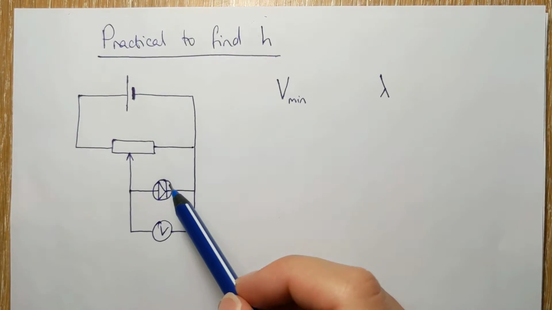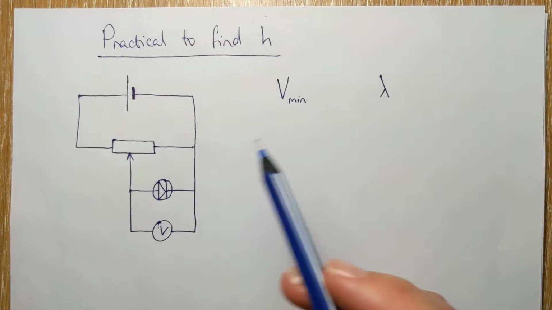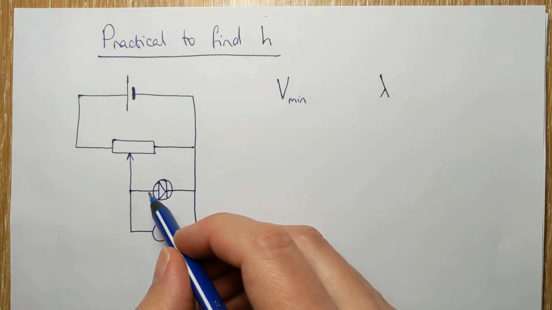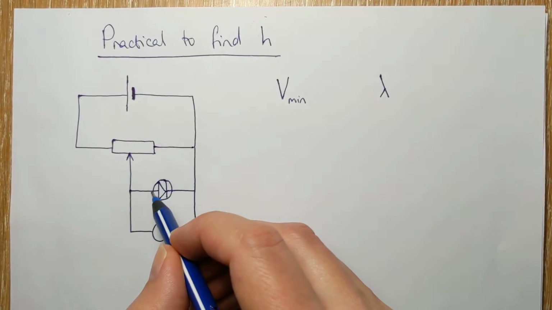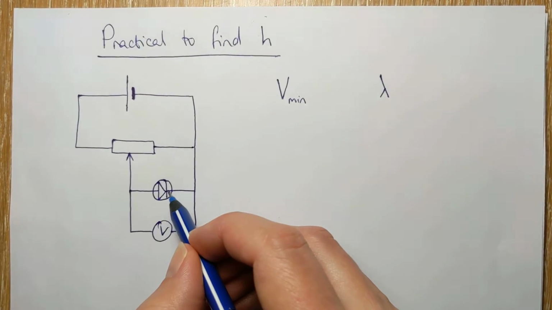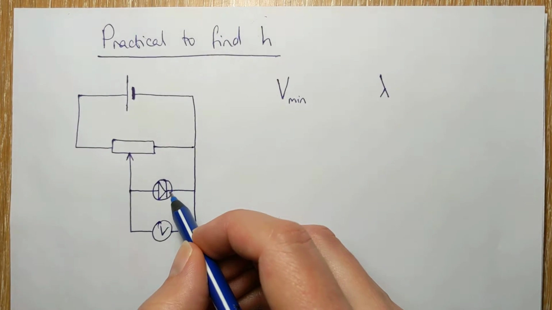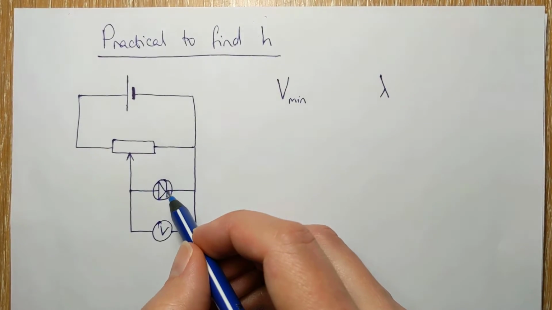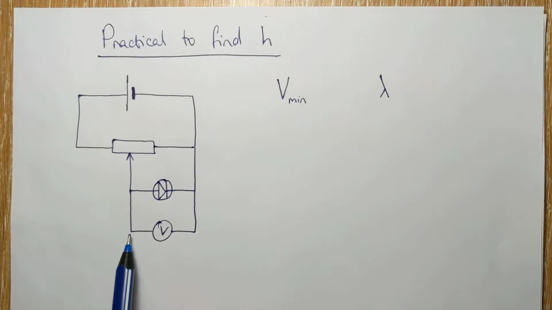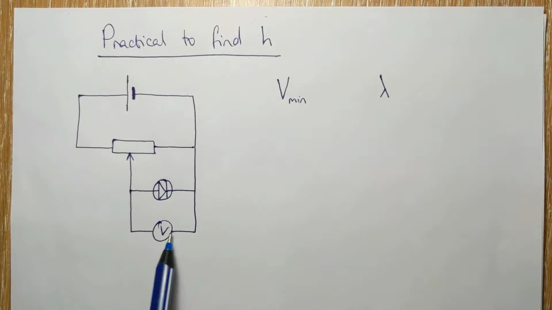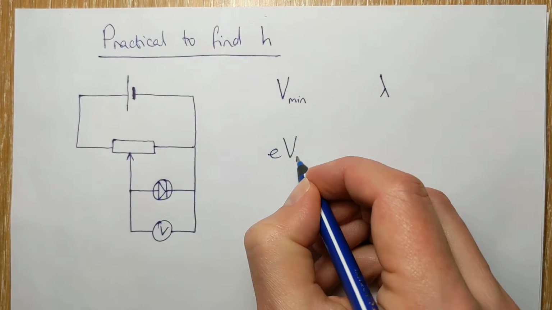Now, what's happening with an LED is sort of the photoelectric effect in reverse, sort of. So in an LED, when a current is flowing, an electron is being accelerated through it, and then the kinetic energy of that electron is being converted into light. So the kinetic energy of an electron accelerated over this PD here is eV.